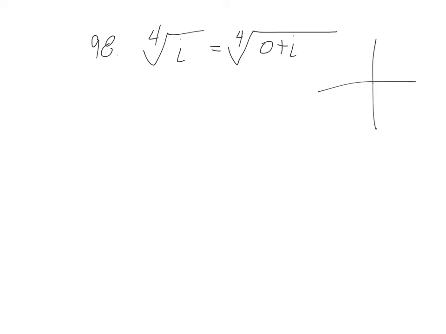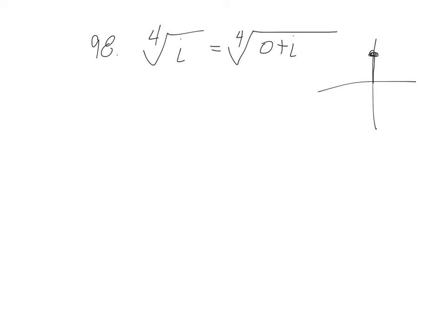So for 98, they give it to us in standard form. They ask for the 4th root of i. We didn't have to do it in the last one, but we do have to do it in this one, and that's first convert it into trigonometric or polar form. As a standard form it is 0 plus i. Given that's a quadrantal, the a is 0 and the b is 1, I could just graph that.